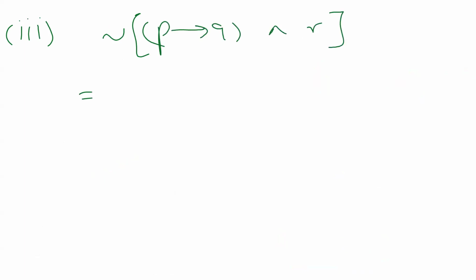थर्ड सब क्वेश्चन. Negation of p implication q and r. तो पहला ब्रैकेट को a लेता हूं. See, this is not a compulsion.